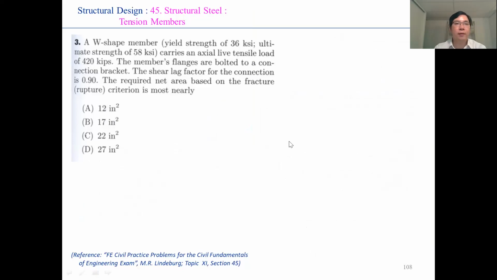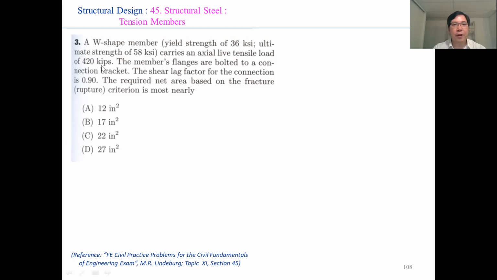So now we pass to another practice problem. In this problem, a W-shaped member with yield strength of 36 KSI and ultimate strength of 58 KSI carries an axial factored tensile load of 420 kips.